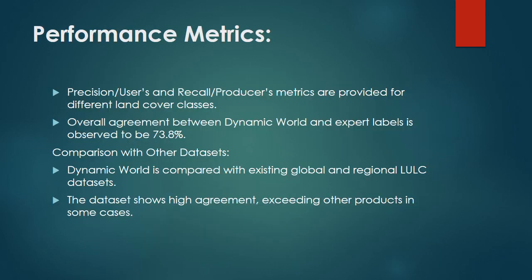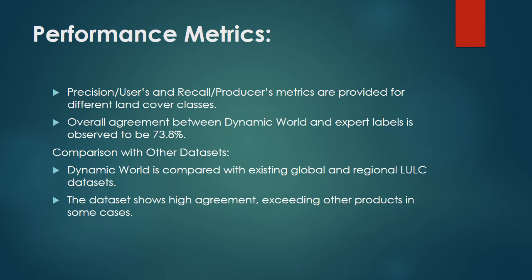So, well, now the question comes: are the experts' labels correct? It has been shown that the correlation between the Dynamic World results and expert labels is about 73.8%, which is a fairly good number for them. Now, how about we compare the Dynamic World results?